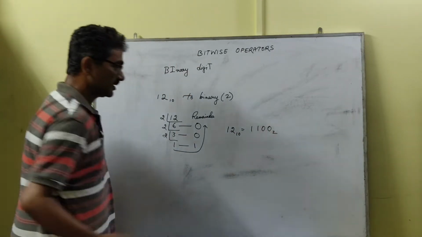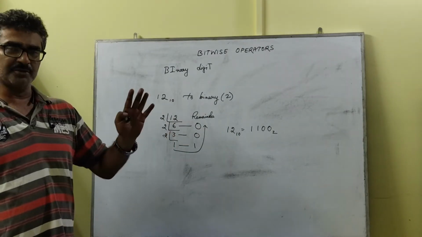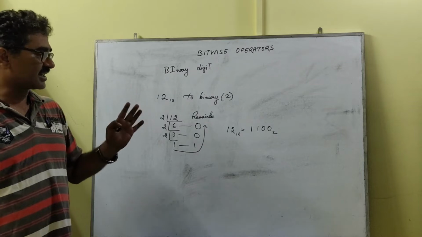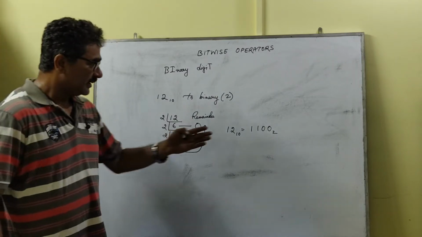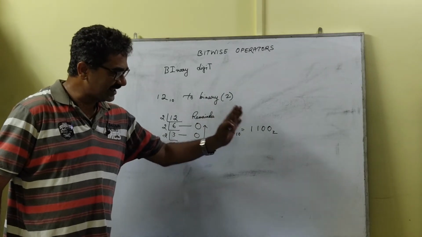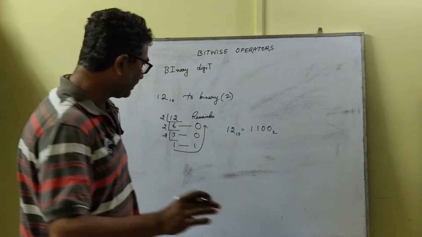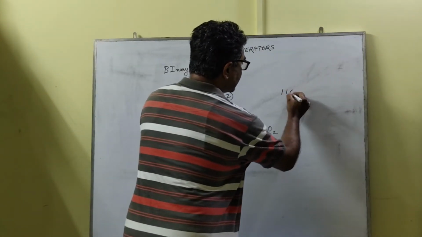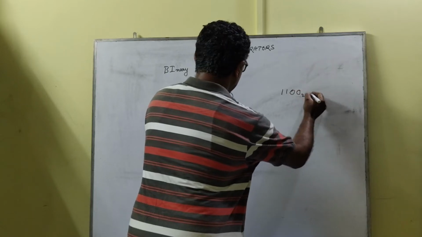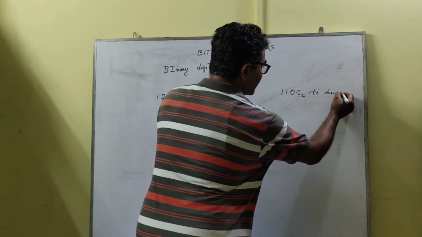That's the binary representation. Now we are going to do the reverse process, that is, convert a binary number back to decimal. This time we take each digit and multiply it with its weightage. What do I mean by that? Suppose we have the same number 1100 in binary, and I am going to convert it to decimal. Remember, the base of decimal is 10.